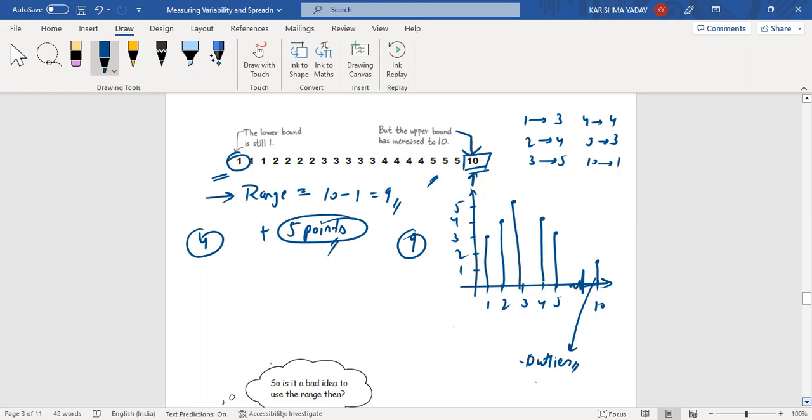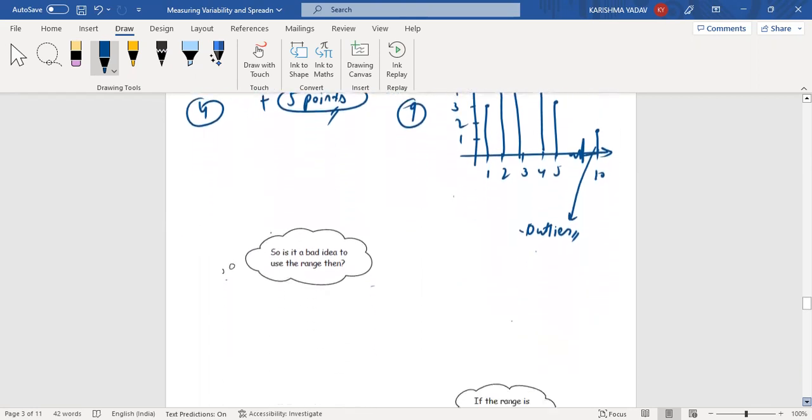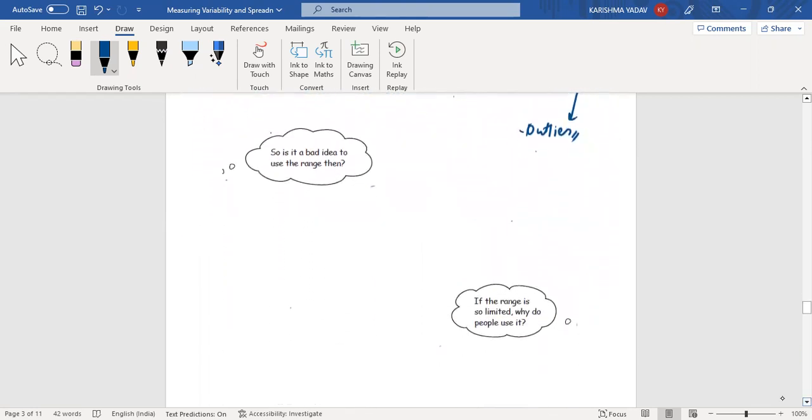Now the question arises: is it a bad idea to use the range then? If it is so sensitive to outliers, why are we using it?